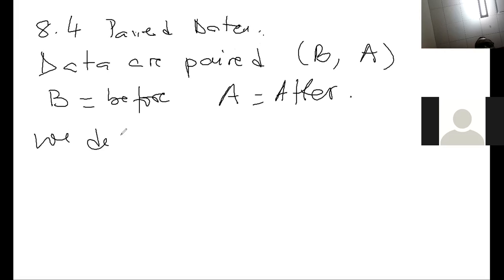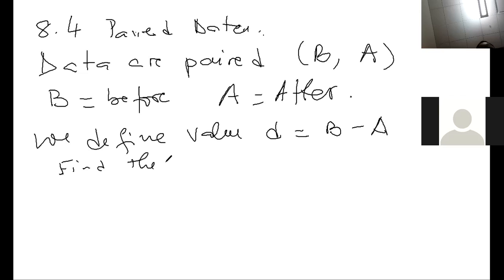We define a new variable, D, equals B minus A. That will reduce the paired values into a single value, which is called the difference. We find a mean of D as the sum of the differences divided by n.